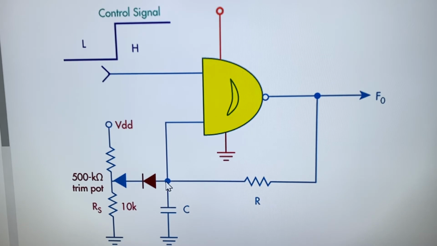And VT positive is 2.8. So in practical terms, we can say 3 volts most of the time for the 74HC132. So you adjust the voltage here in such a way that the diode will be conducting, and you will have a voltage a few millivolts less than the VT positive.